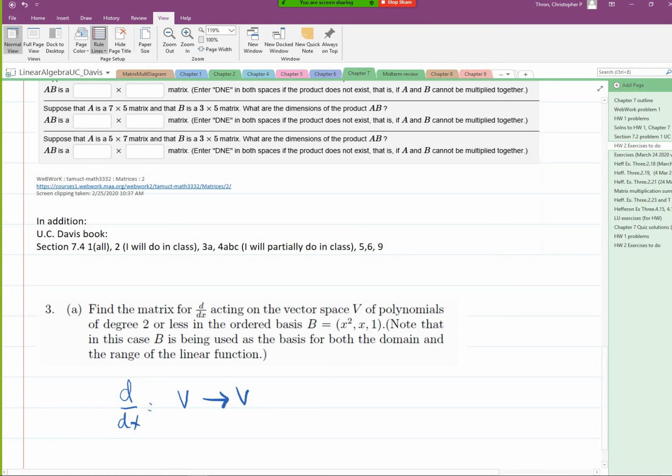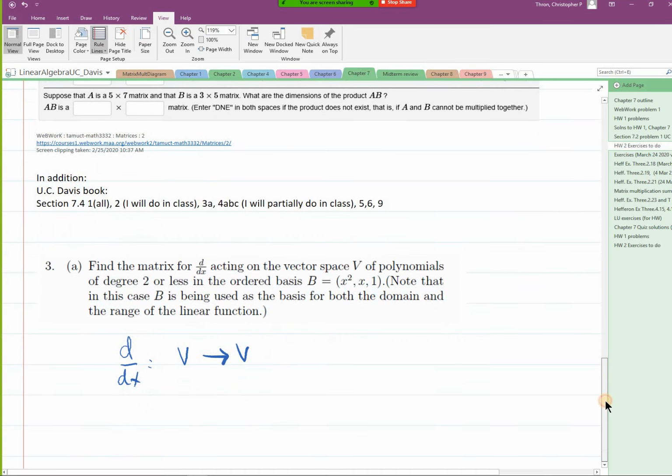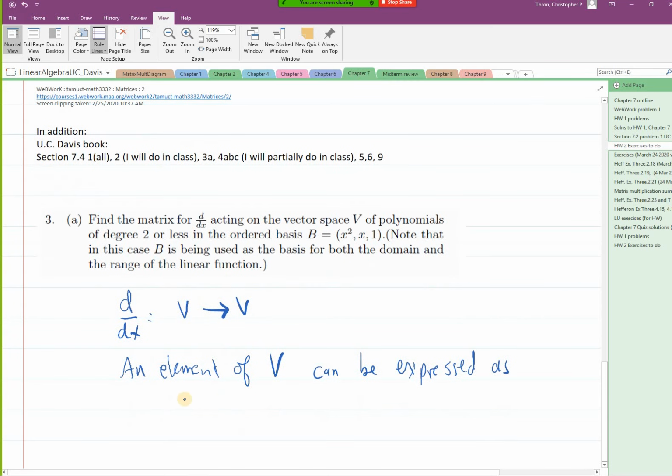All right, so now an element of V can be expressed as ax squared plus bx plus c. Right? So you want to know what d/dx does to an element like this.